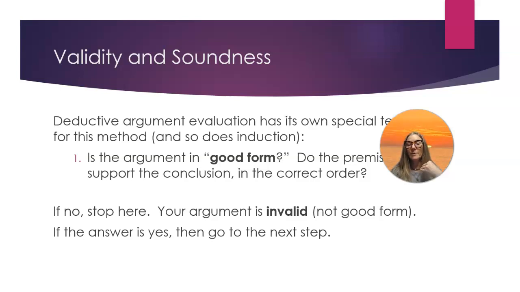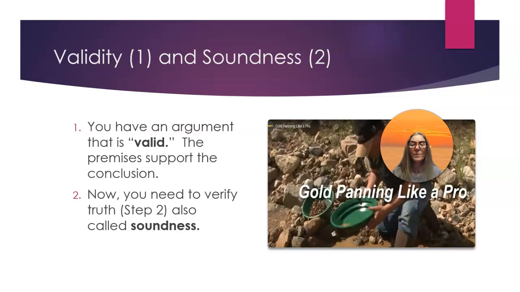Okay, if I've found an argument that's in good form, I go to the second step. If I don't, I can stop right there. If an argument's in poor form or invalid, it is automatically unsound. Again, I'm going to give examples.